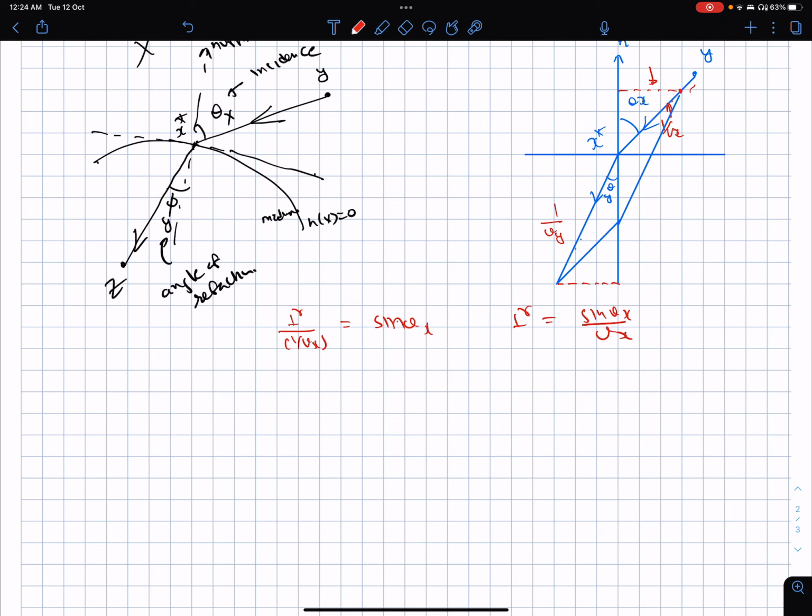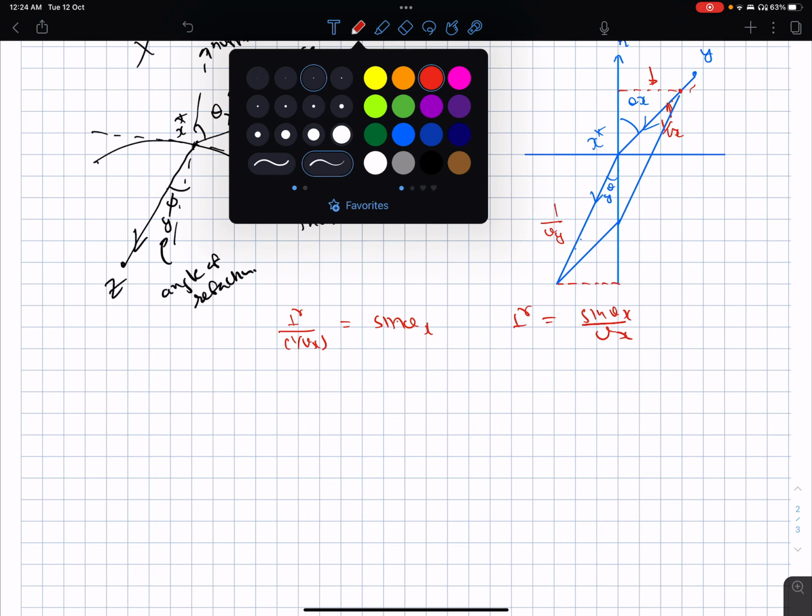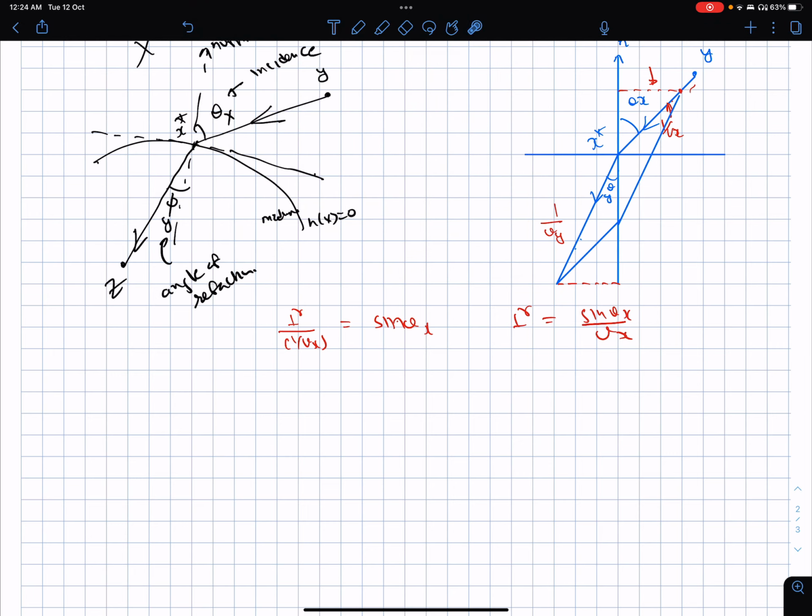Similarly, the other perpendicular here is going to be equal to sine theta y by Vy. And the geometry makes it obvious that these two perpendiculars are of equal length.